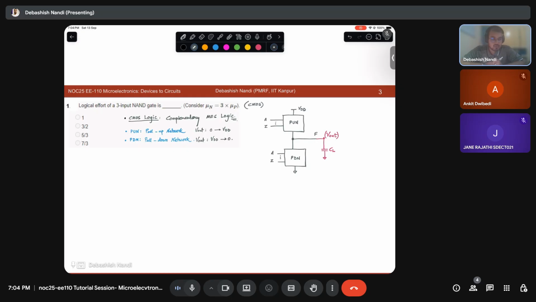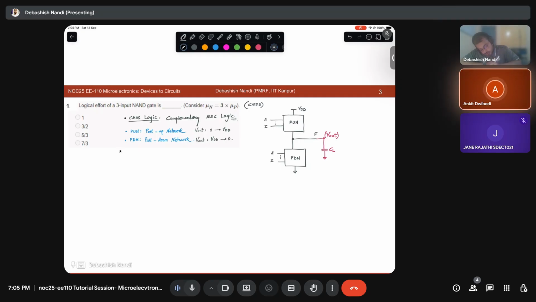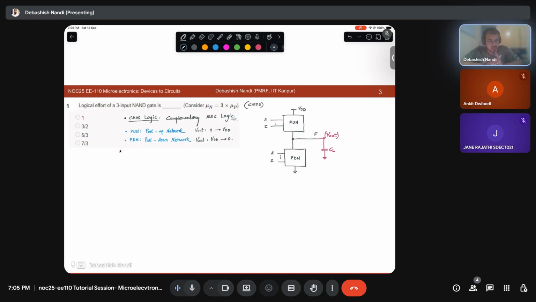Now, to have pulling up of the output voltage, what network should be active and what network should be passive? Which network should be on and which should be off? PUN should be active, so when PUN is active, my PDN should be inactive.